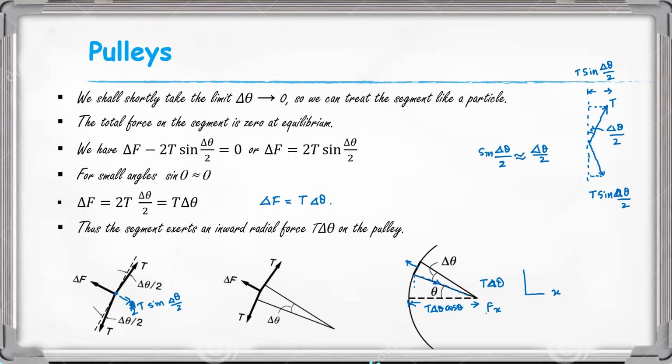It is the component of x, or delta Fx. Here we obtain the value of delta F. Then delta Fx is equal to T delta theta cos theta.